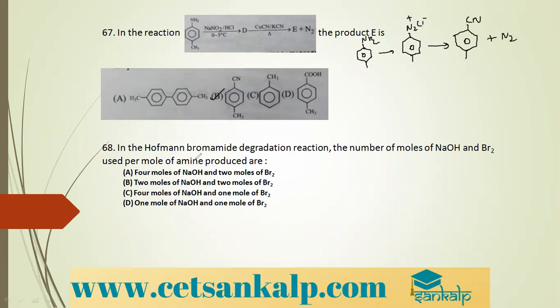This is the product. In the Hofmann bromamide degradation, what is the number of moles of NaOH and Br2 used per mole of amine? So let us write the reaction and see. Here R-CO-NH2 plus Br2 plus alcoholic KOH gives R-NH2, one carbon less.